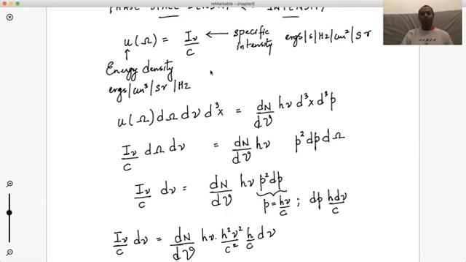Now, let's try to write out this energy density in terms of the phase space volume element. So let's say dN by dV is the density of photons in this 6-dimensional phase space. So this is just the number of photons per unit volume element. And so if I multiply that by the volume element, which is d cube x d cube p, I get the total number of photons, right?